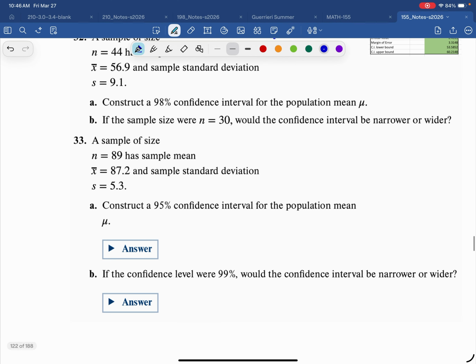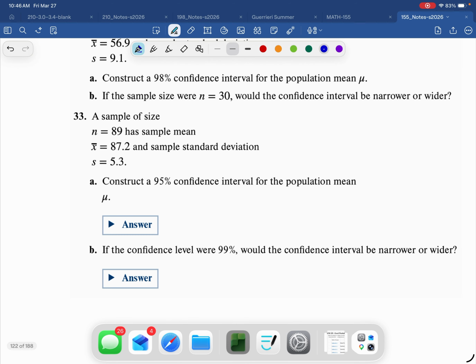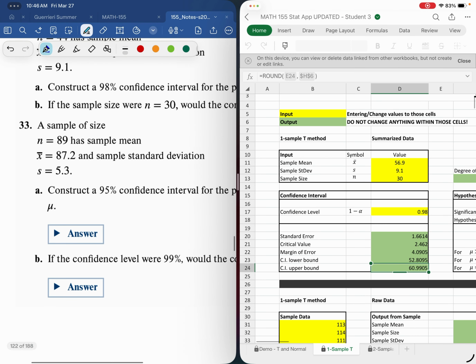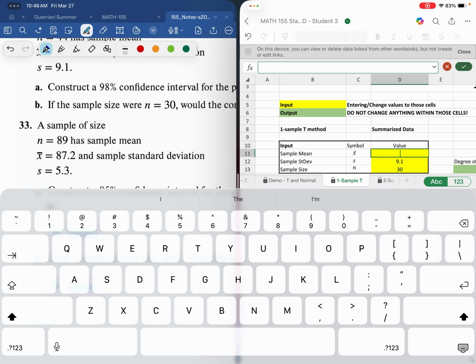Number 33. Again, sample of certain size, sample mean, sample standard deviation, construct a 95% confidence interval. So let's get our stuff open here. X bar here equals 87.2. We have 5.3.